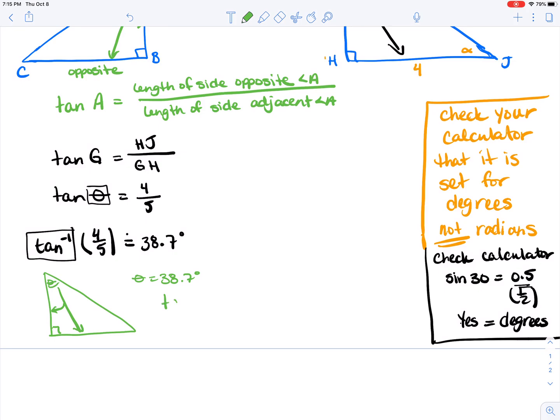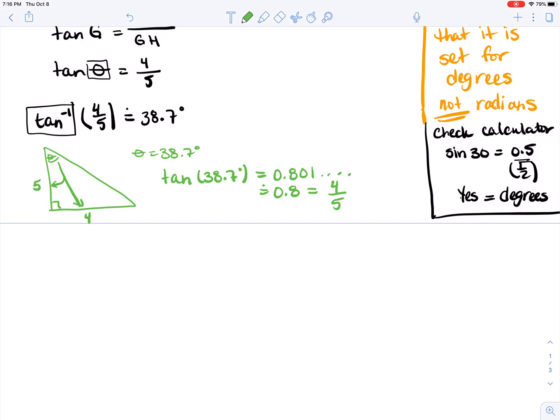Well, actually, I'm going to put in my calculator tan 38.7, because that's my degrees, and I'm going to come up with a number. So if you hit tan and then 38.7 in your calculator, hit enter, you're going to get 0.8, and it's 0.1, and so on. So we're going to round it to 0.8, which we know 0.8 equals 4/5. So that means that opposite is 4 and adjacent is 5.